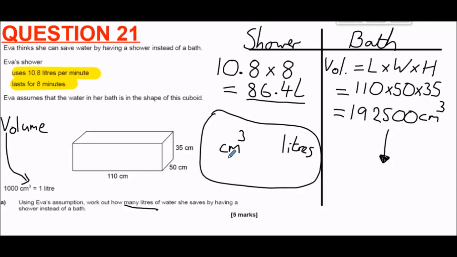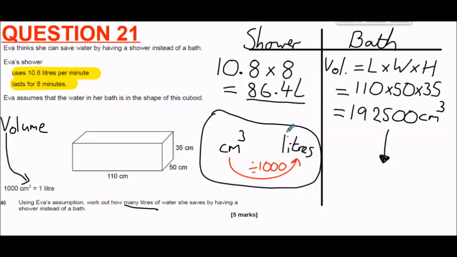So to change from centimetres cubed to litres, we either need to times or divide by 1,000. Now 1,000 is the big number, 1 litre is a smaller number. So if we're going from cm cubed to litres, we're changing from a big number to a small number. So rather than times by 1,000, which should make the number big, we'll need to divide by 1,000.